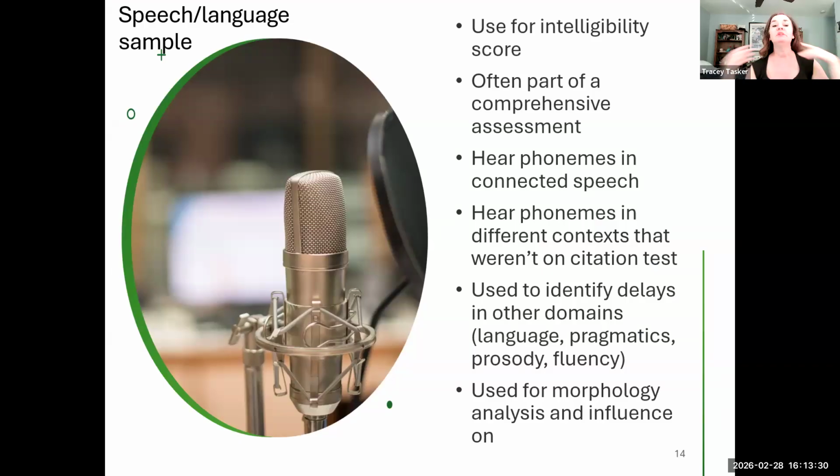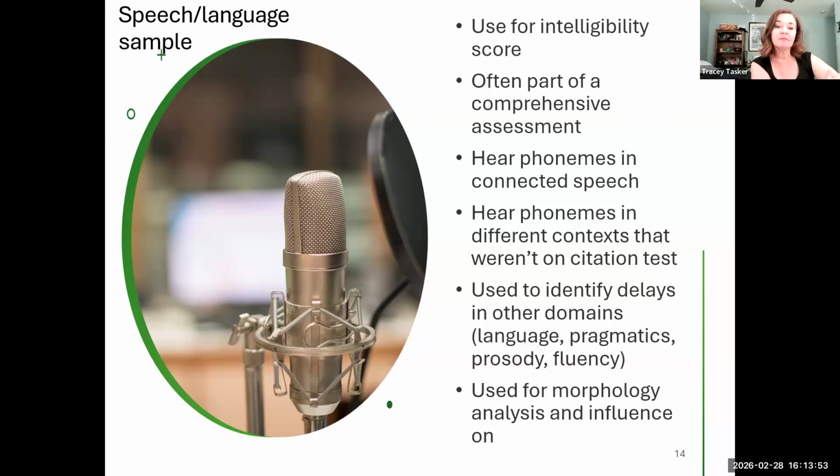So the chapter went into great detail about taking a speech sample. I can tell you most of us now just record it on our cell phones because the microphones have increased in accuracy. But if you're in a clinic setting or in a hospital, you may have specialized equipment available to you.